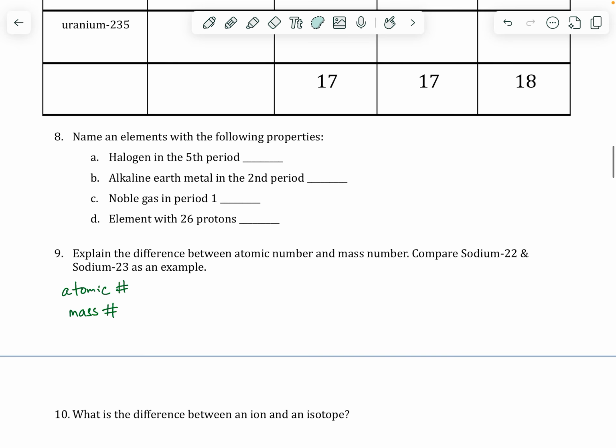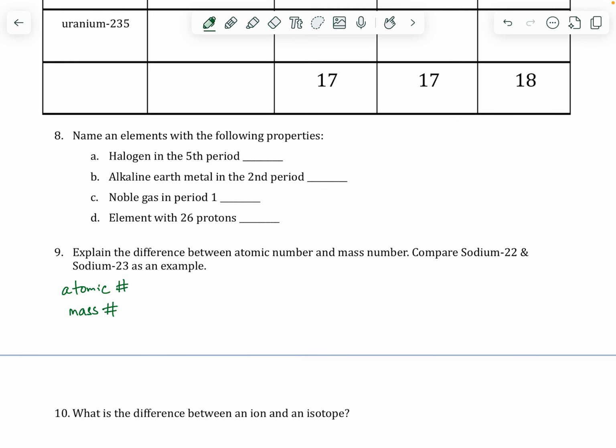So the atomic number is the identity of an element on the periodic table.